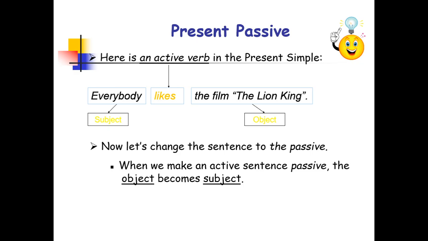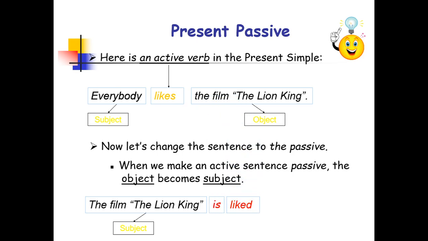When we make an active sentence passive, the object becomes the subject. Now, the film The Lion King comes at the first position in a sentence and becomes the subject. Likes, which is an active verb, becomes is liked. Now it's got the passive form. And everybody now becomes the object or the passive agent in the sentence.